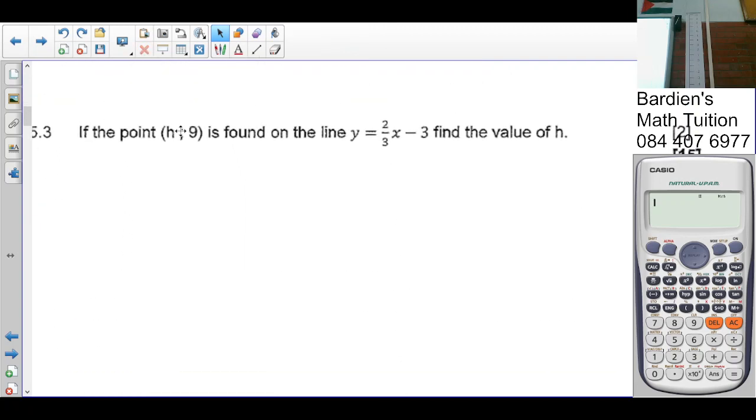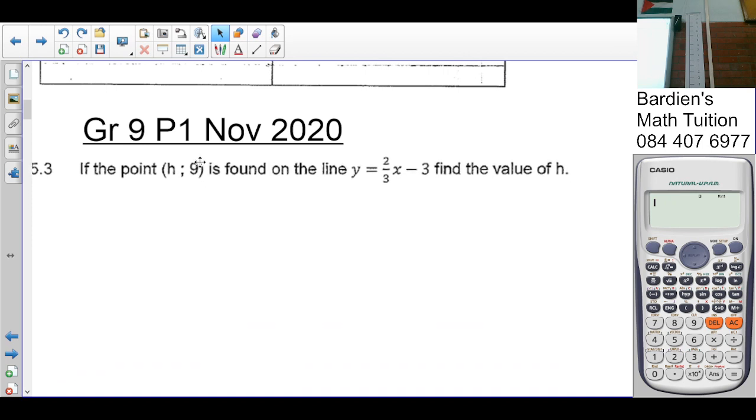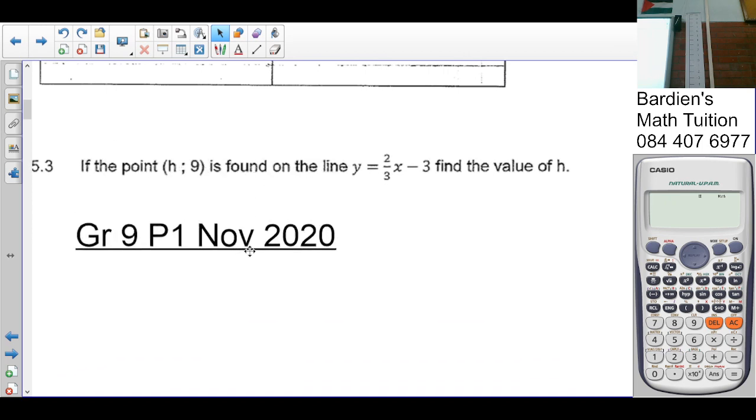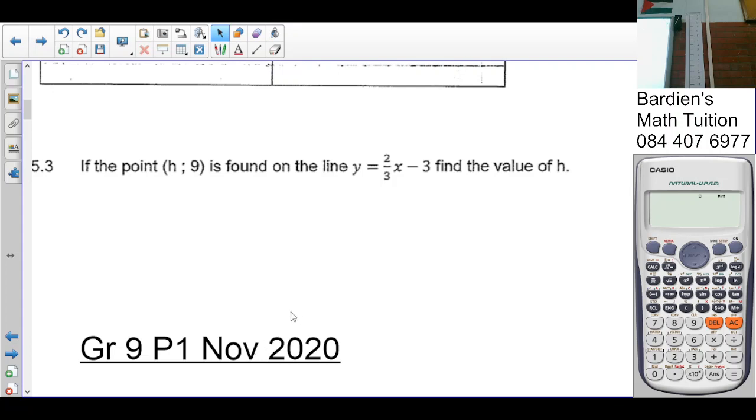Then in 5.3, we are told if the point (h, 9) is found on the line y is equal to 2 over 3x minus 3, find the value of h. So how do I do that? We'll substitute (h, 9) into the equation of the straight line.